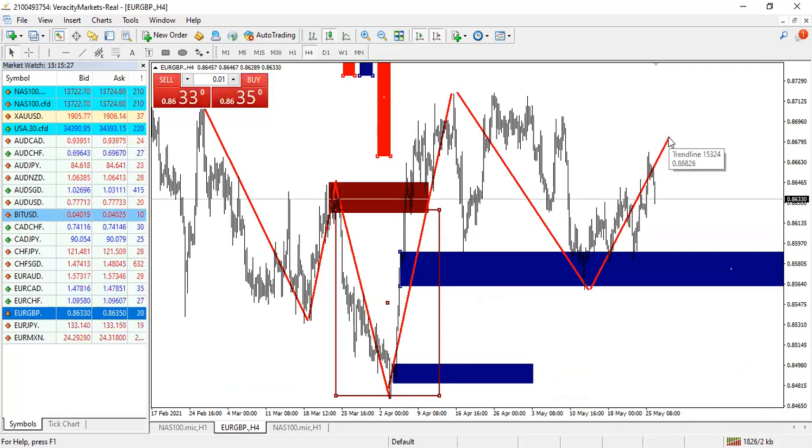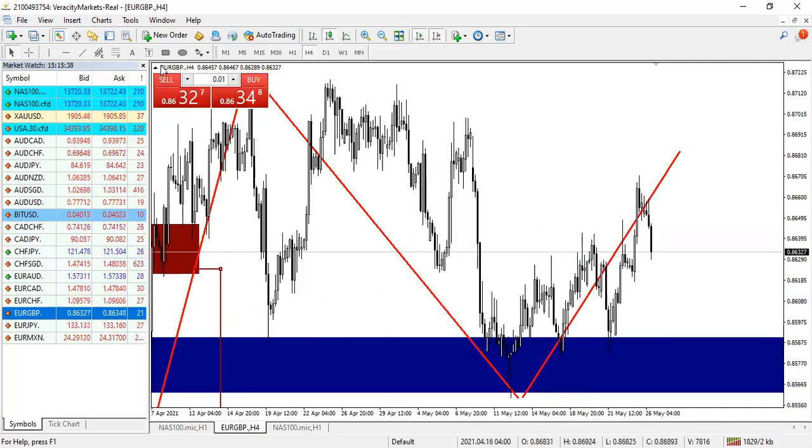Simple thing, guys. This is very simple. You see? I can even spot one next to it. It came from the low here, from the head.